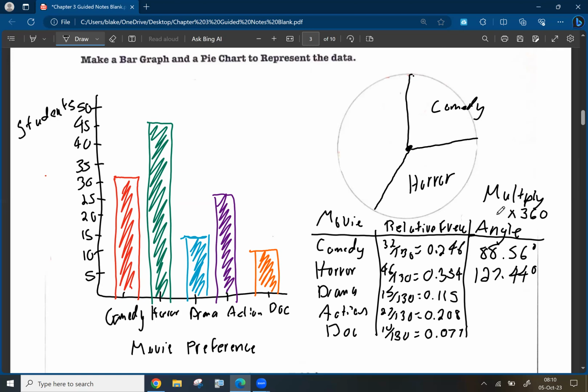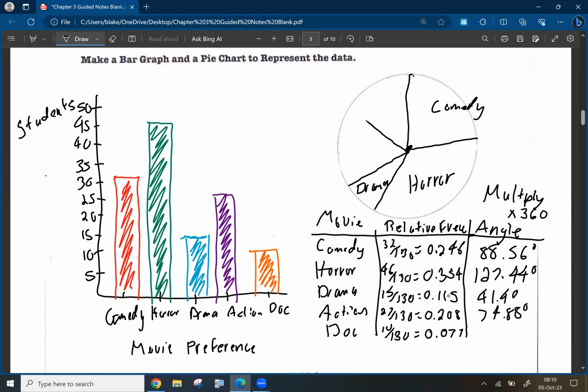Drama was 0.115 times 360, which is 41.4 degrees. So that one is going to be around that big, I think. So this would be drama. Action, 0.208 times 360, is 74.88 degrees. So that one's pretty big as well.